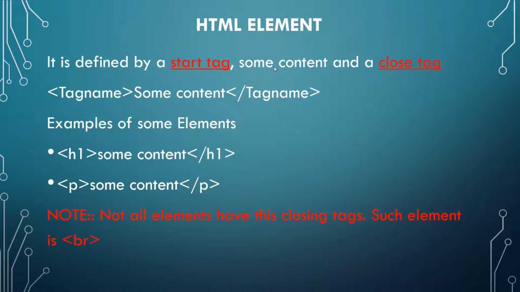So for example, examples of some elements. We have heading element and paragraph element. This is the form of HTML element. I actually did this video to give you the insight of what HTML elements are. We are going to do so many elements.